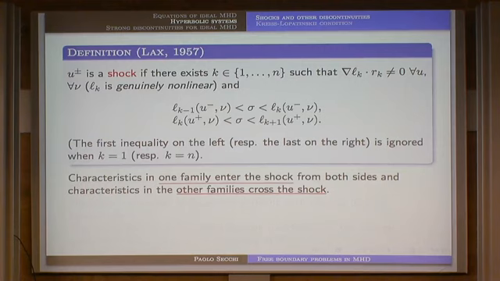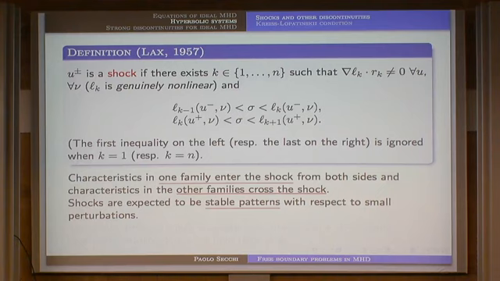So there is one family of characteristics entering the shock from both sides, while the other families do not cross the shock. So this is the shock. Here we see that we have strict inequalities, so we expect that these are stable patterns with respect to small perturbations.